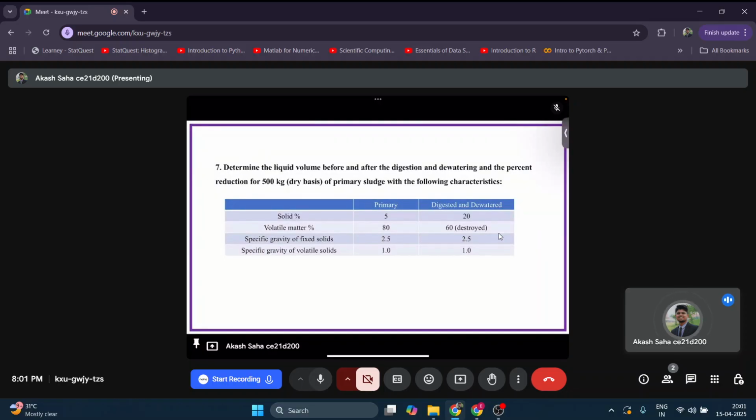Okay, let's see the next problem now. So it says that determine the liquid volume before and after digestion and dewatering and the percentage reduction for 500 kg of dry basis of primary sludge with the following characteristics. Okay, so you have to find out the liquid volume before and after digestion and then dewatering.